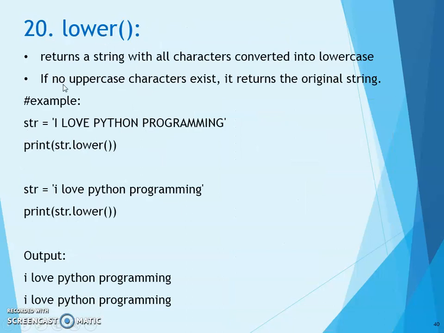The lower method returns a string with all the characters converted into lowercase. If no uppercase character is there in the string, then the original string will be returned as it is.